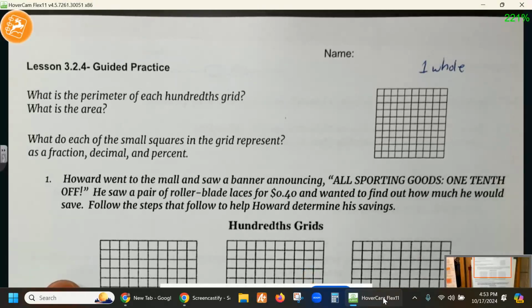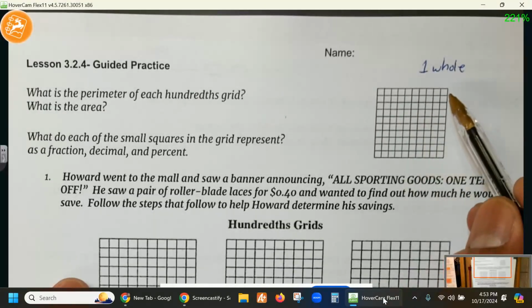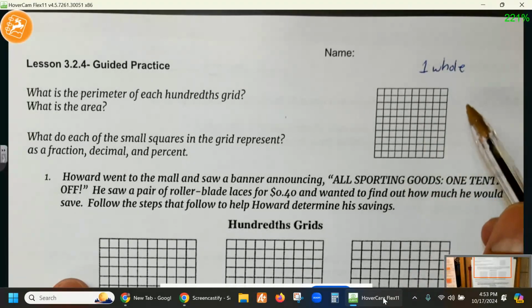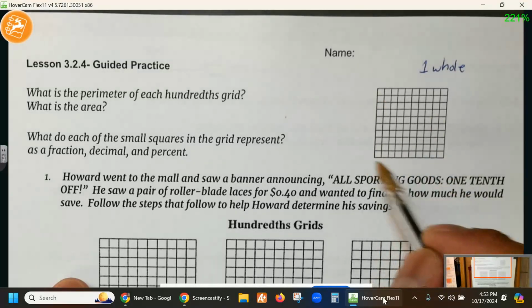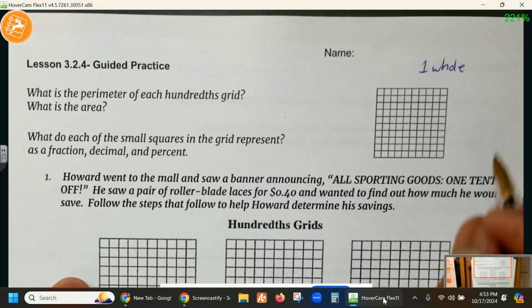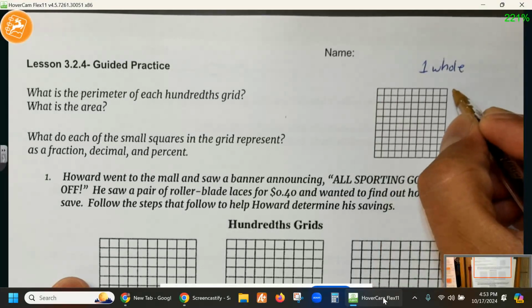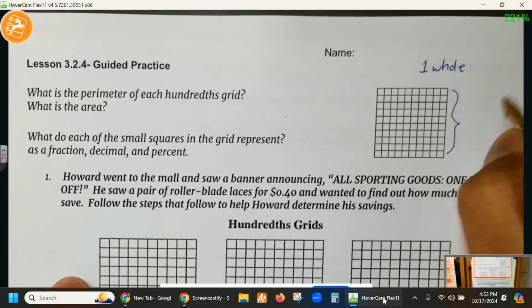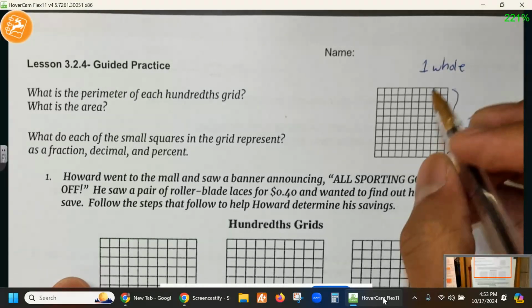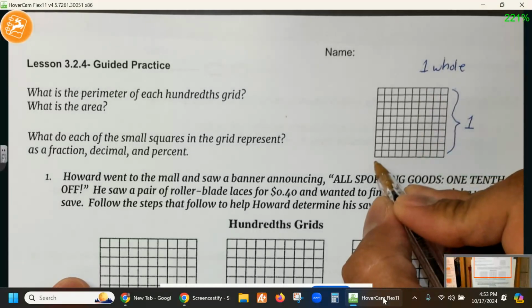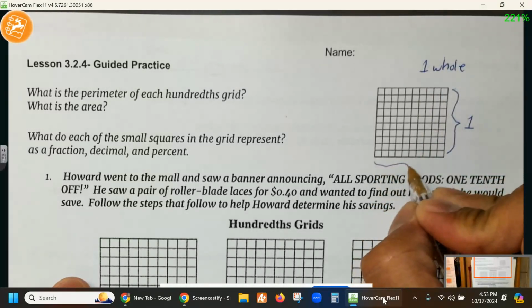So if I want to find the area of this hundredths grid, since it represents one whole, it represents 1. The height is going to be 1 unit, and the base is going to be 1 unit.